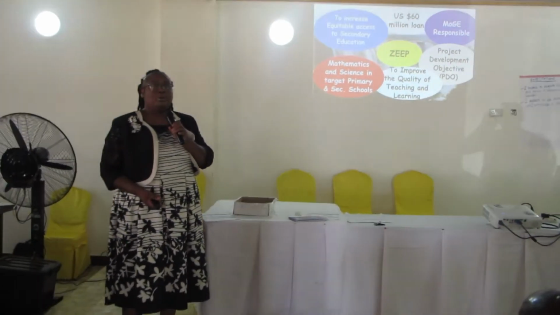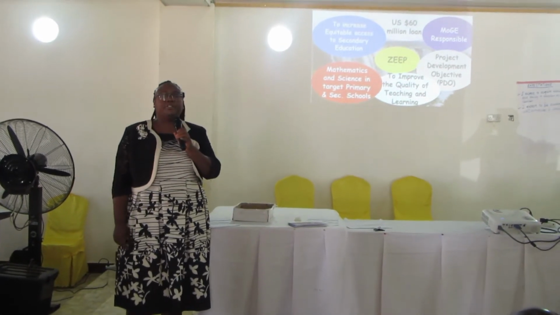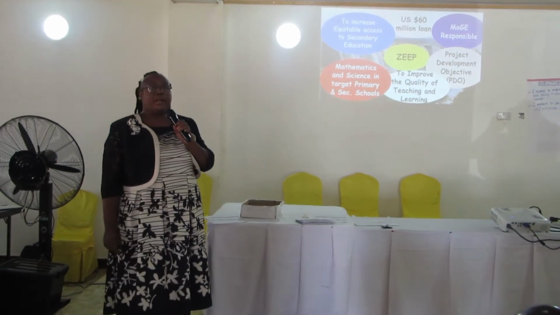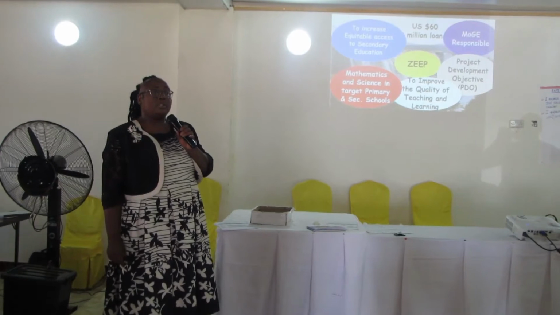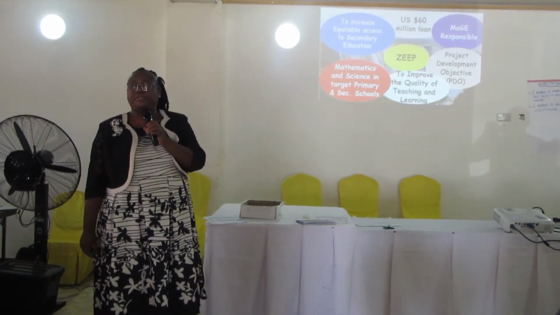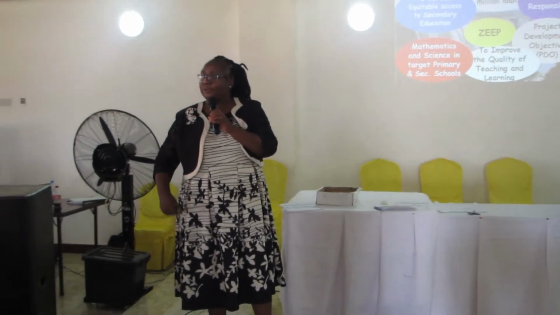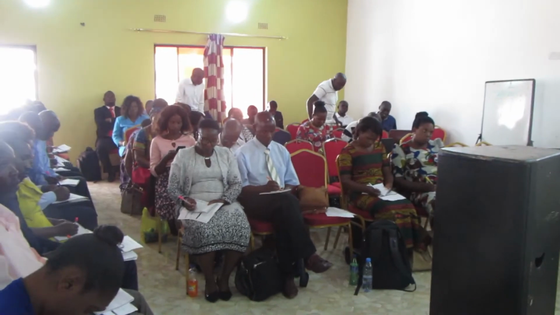you should all know that this particular project is a loan from the World Bank, and the country, through the Ministry of General Education, has gotten a loan of $60 million US, which we need to use to spend on improving the quality of teaching and learning.